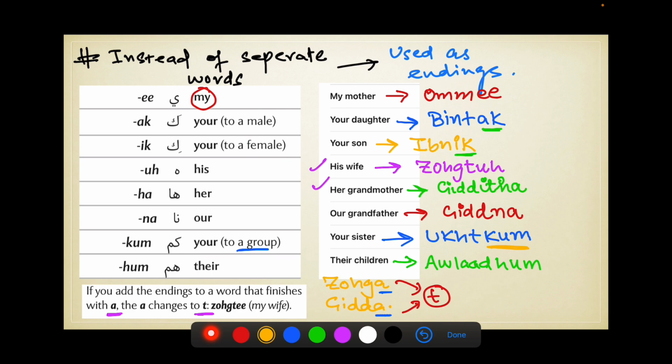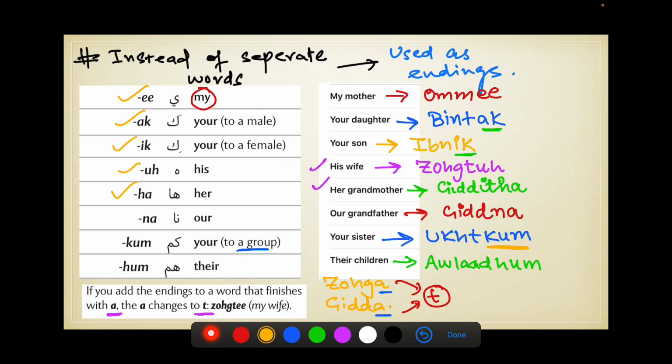So again, for my, you will use e. For your, if you're talking to a male, you will use ak. For your, if you're talking to a female, you will use ik. For his, you will use oh. And for her, you will add ha.